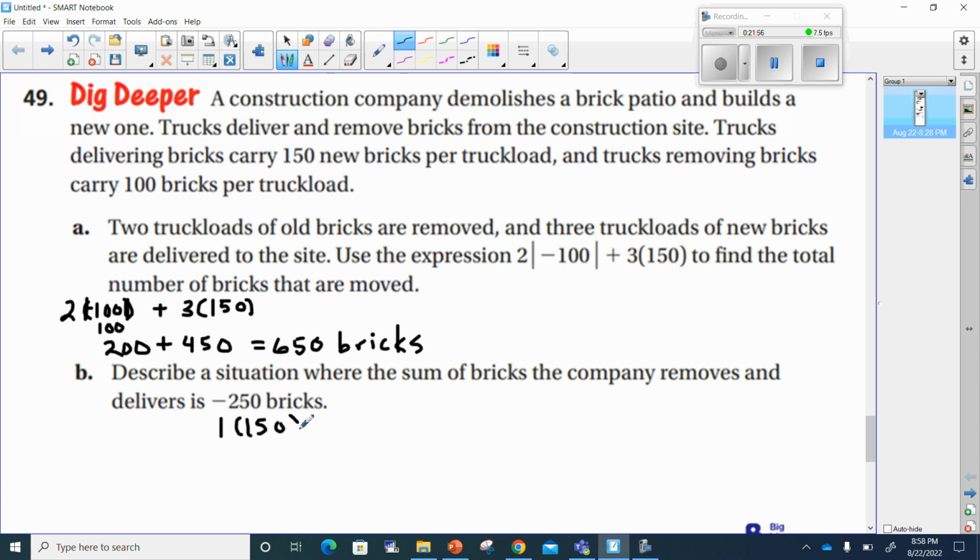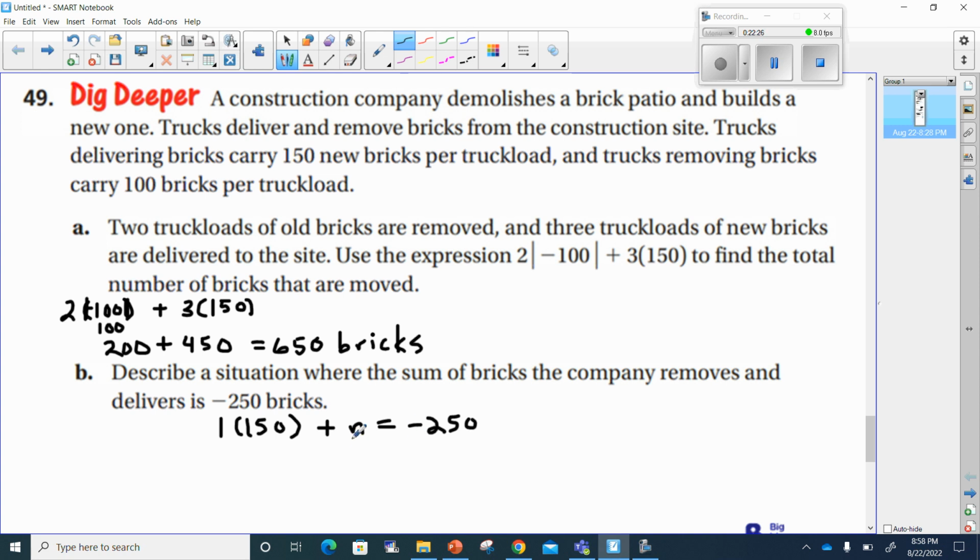All right. And now what would I need to do to get negative 250? Well, I guess I've got to take 150 and add it to some number that's going to give me negative 250. Okay.